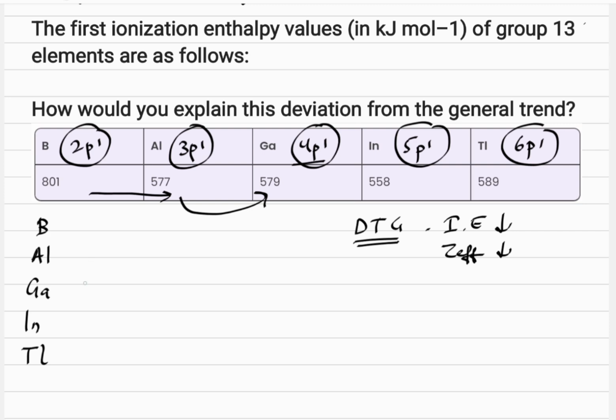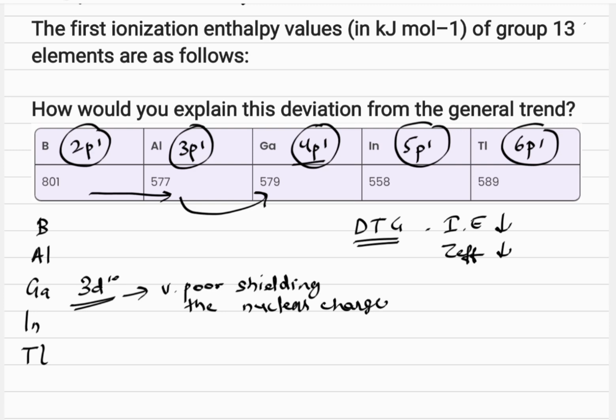And those 10 3d electrons are very poor in shielding the nuclear charge. So nuclear charge is still increasing as you go from boron to aluminium, aluminium to gallium, but the shielding does not increase as much.